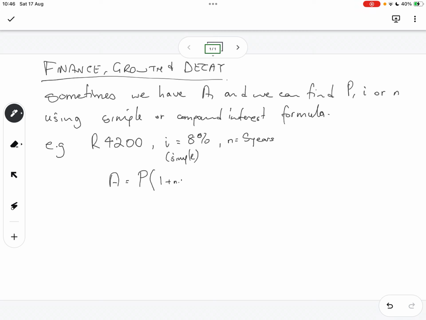Yeah, simple. So it will be A equals P times 1 plus N times I. And then substitute again. So that will be 4,200 equals P, because we need to find out how much you will invest, times 1 plus the interest 8 over 100, and the number of years is 5.